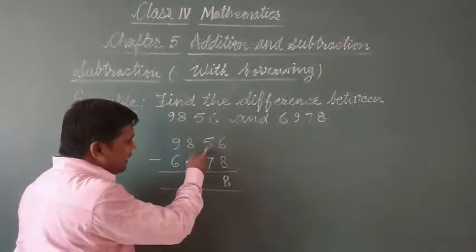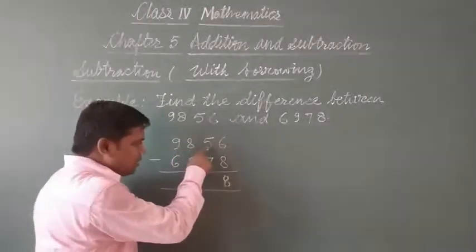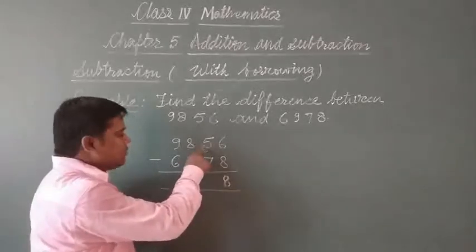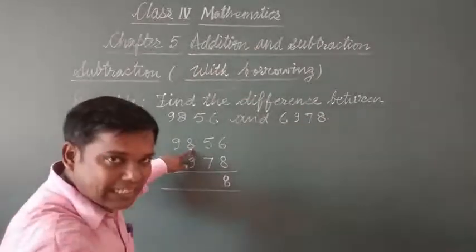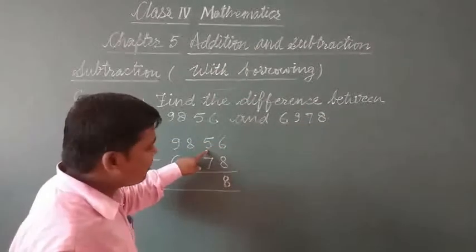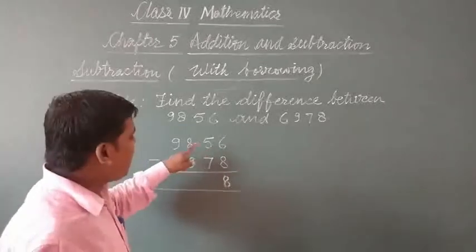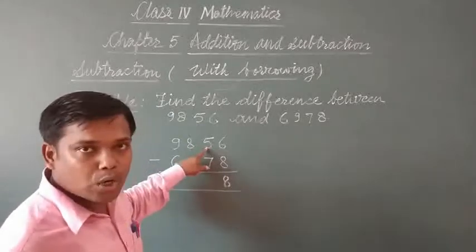Again 10 tens, it is 10 times. So from here again we take 10. As it was 4 here, and then 10 we take borrow, it will become 14.